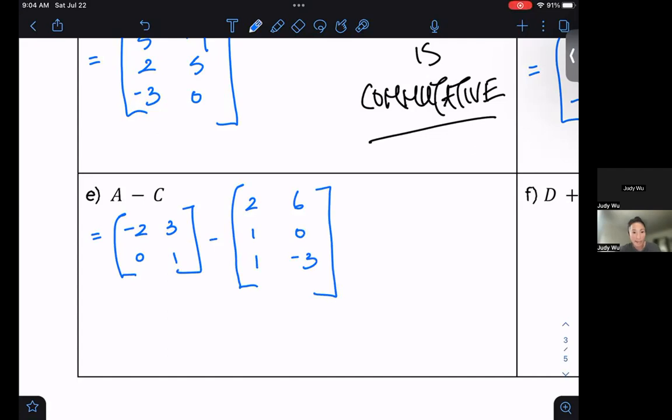So what do we think? Negative 2 minus 2, 3 minus 6, okay, and then 0 minus 1, and 1 minus 0. Well, what about this last row? This last row has nothing to combine. And it turns out that we cannot do this, all right?